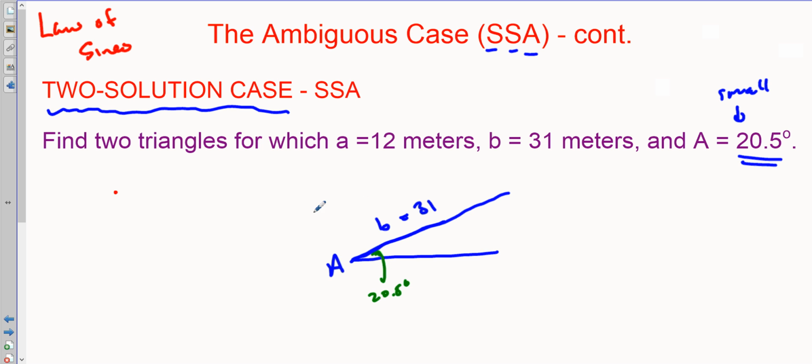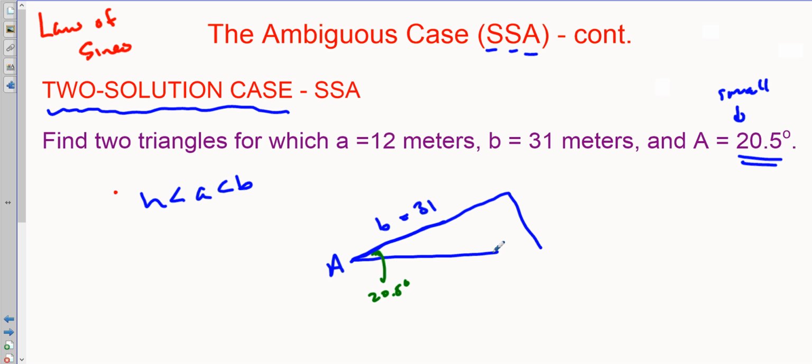Now what you realize is that a is going to be less than b, but the question is, is it greater than h? Right here, we can find out what h is. So we have this 12.